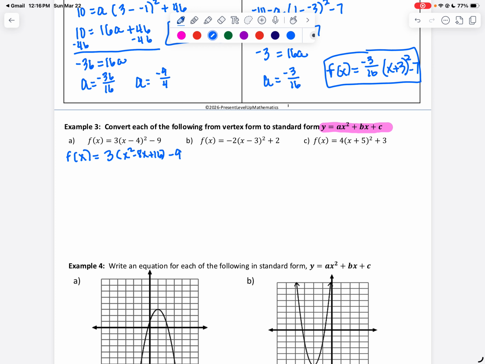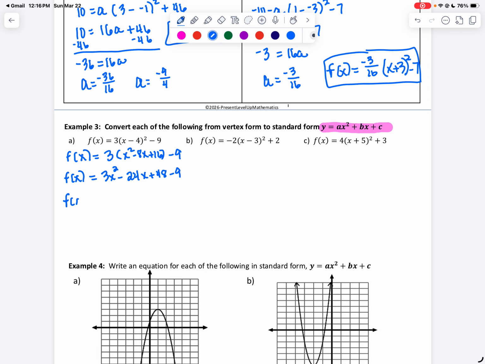All right. Now, we want to distribute our 3. So f of x equals 3x squared minus 24x plus 48 minus 9.